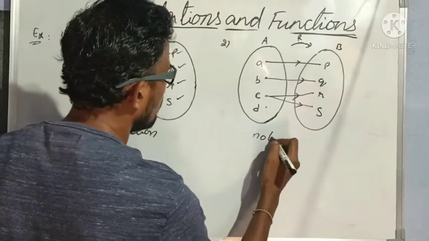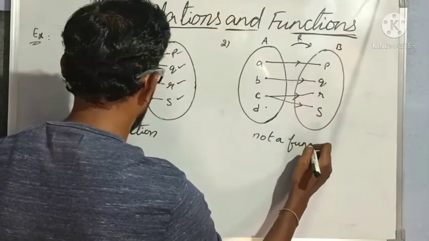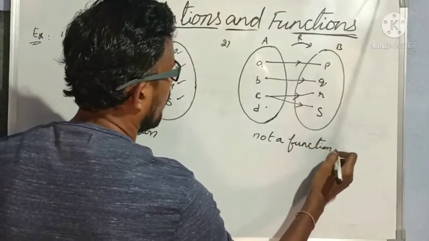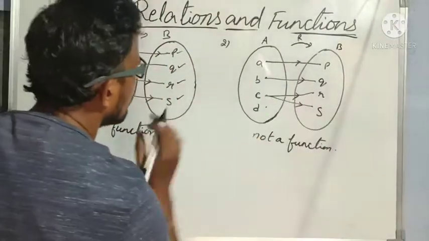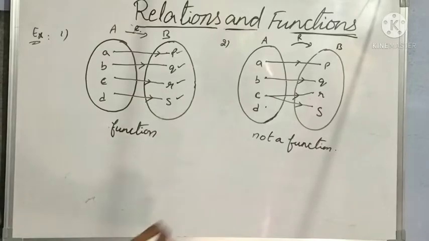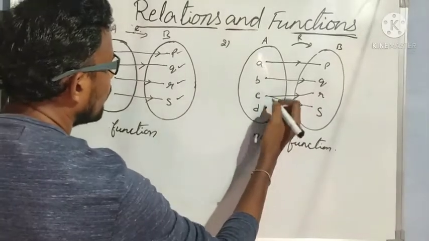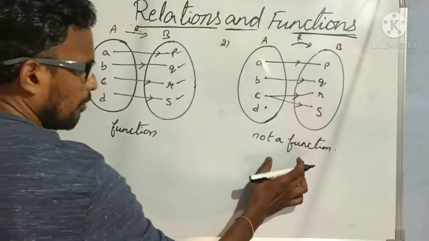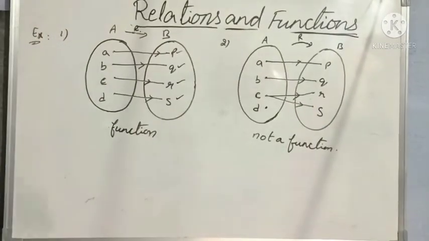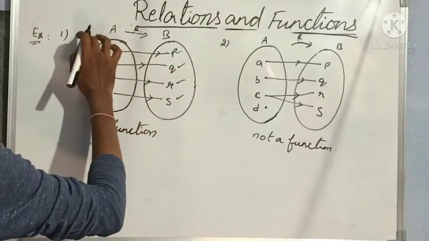So this is not a function. Understood? When we fail the first condition, there is no need to check the second condition, because clearly every element of A is not mapped here, so this is not a function.